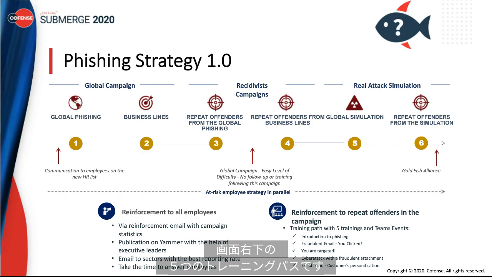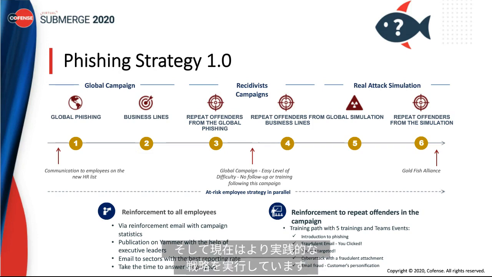As you can see at the bottom right of the screen, we created a training path with 5 different trainings: an introduction to phishing, and we explained, for example, what happens if you click on a fraudulent attachment, the consequences of phishing, why it's important to be protected against phishing, why some people are targeted, and we also explained business email compromise. We explained lots of things about phishing for the first 6 months.